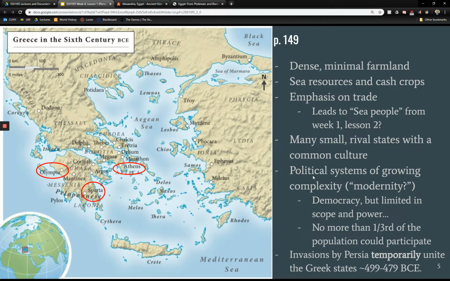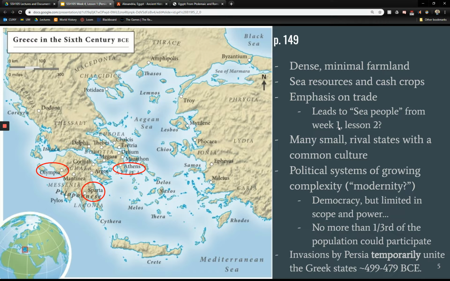So the best way to categorize them, as I said, is that there are many small rival states with a common culture. They have political systems of growing complexity, and these are the earliest quote-unquote democracies in the world. They don't operate the way we think of a democracy today, but they do have the foundational concepts of democracy emerging, and therefore I question, is this a pre-modernity or an early concept of some of the things we consider modern today?